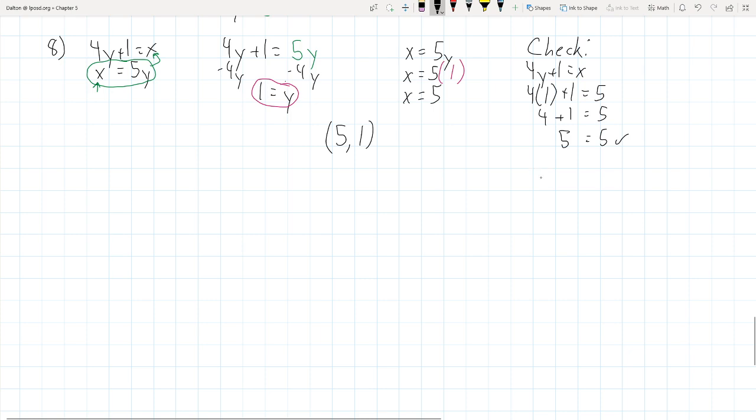Yay. I'm going to do the second one as well. x equals 5y. x is 5 equals 5 times 1. 5 equals 5. Yay, it works out.